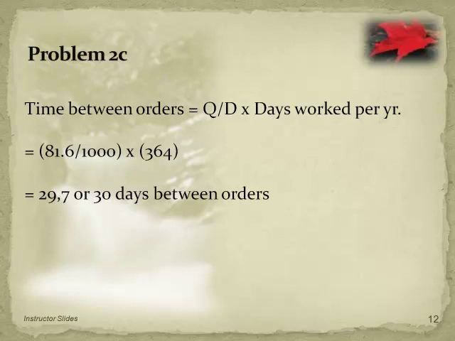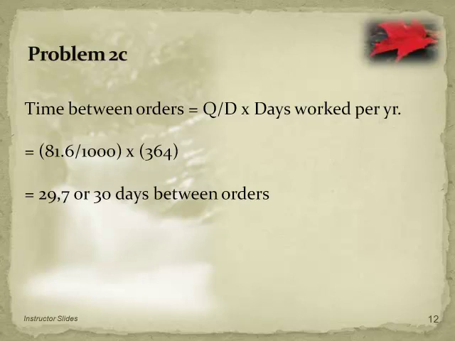Going through the calculations, I end up with about 29.7 days, and I can't have 7/10 of a day, so we'll round that up to 30 days between the orders. That sounds about right: 30 days, about 12 or 13 times a year.